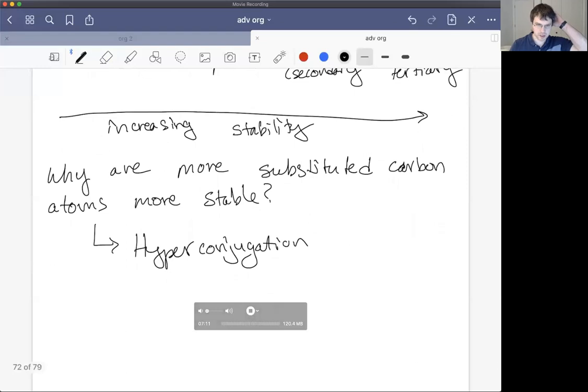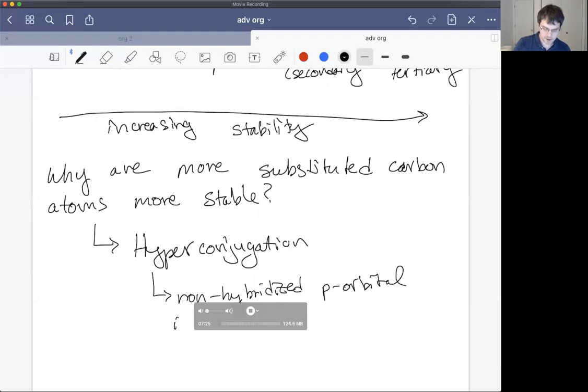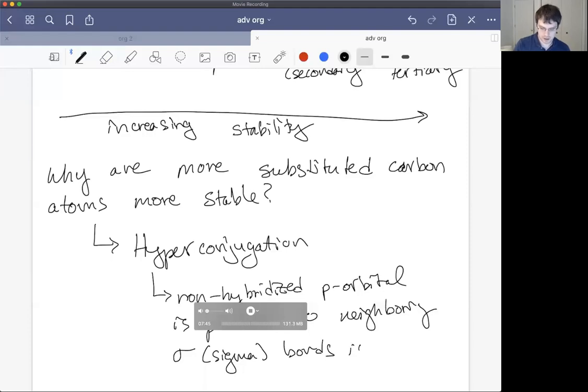What we have with hyperconjugation is that the non-hybridized p orbital is parallel to neighboring sigma bonds and is stabilized. It's really stabilized by the parallel neighboring sigma bonds.